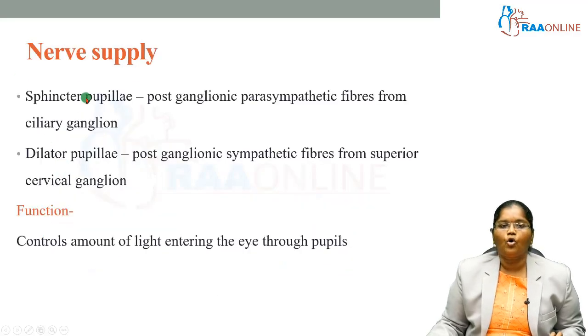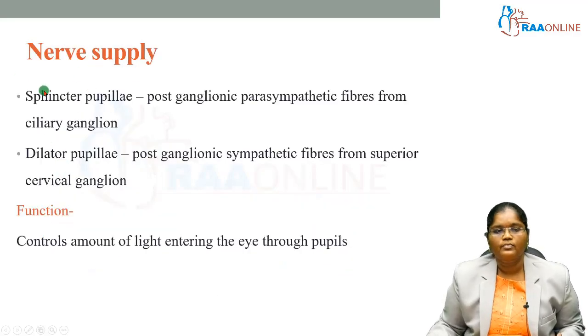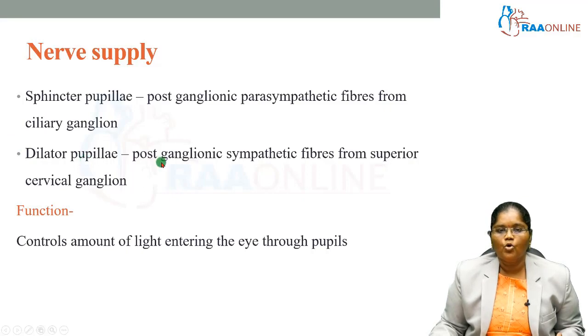The sphincter pupillae is supplied by postganglionic parasympathetic fibers from the ciliary ganglion, whereas the dilator pupillae is supplied by postganglionic sympathetic fibers from the superior cervical ganglion.